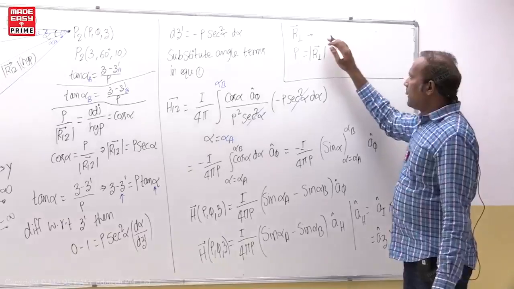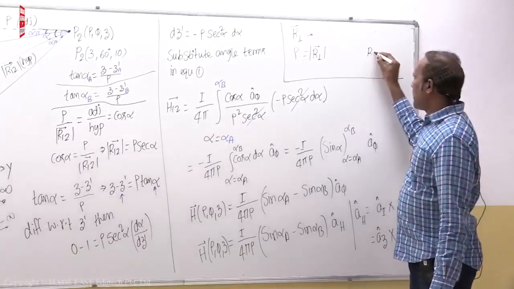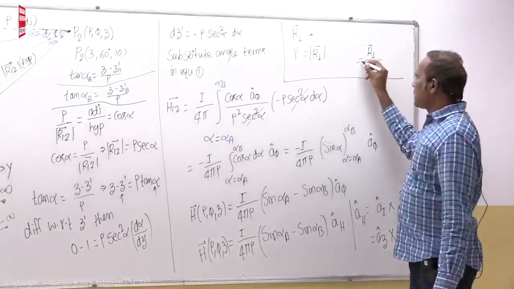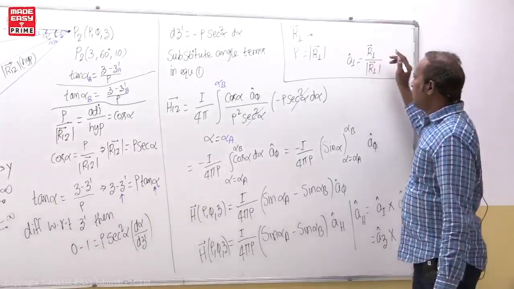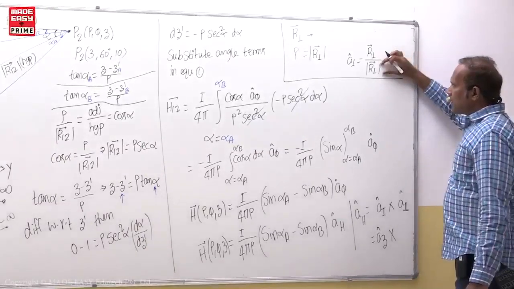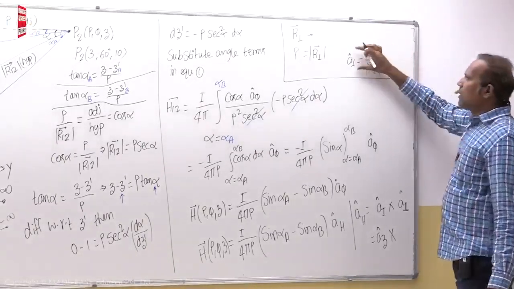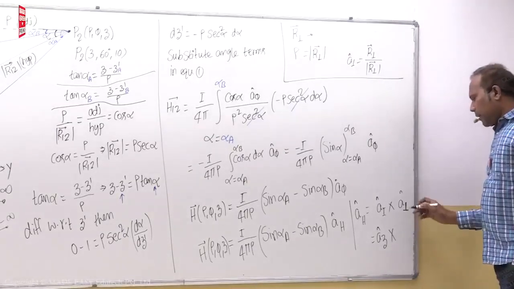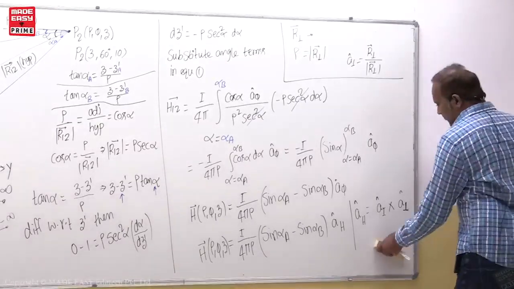If I take the perpendicular vector divided by the modulus of the perpendicular vector, this gives A perpendicular, because the perpendicular distance vector divided by its modulus gives the perpendicular unit vector. So I will be writing all these things in the notes.